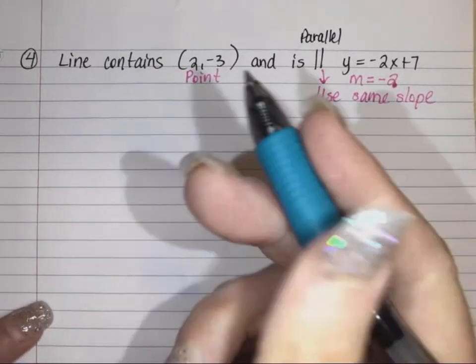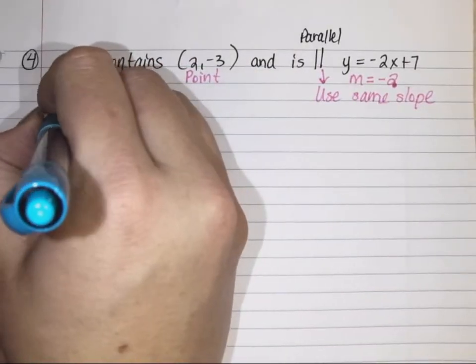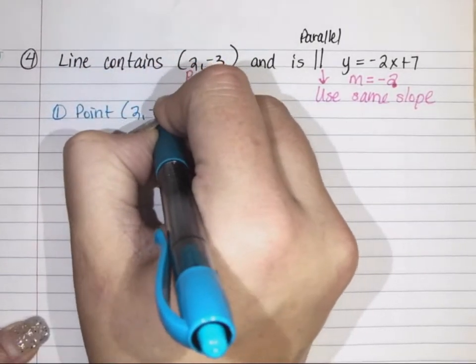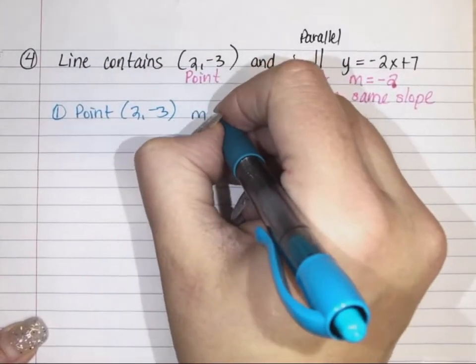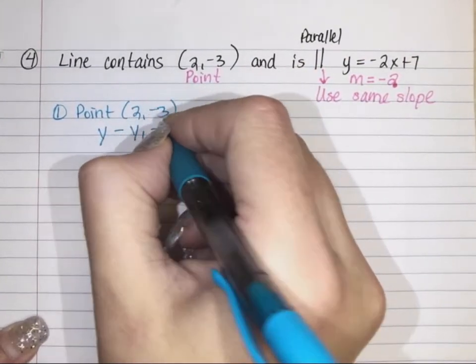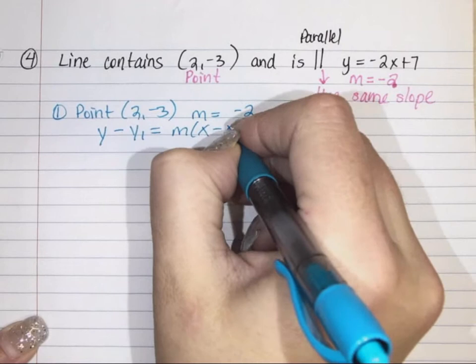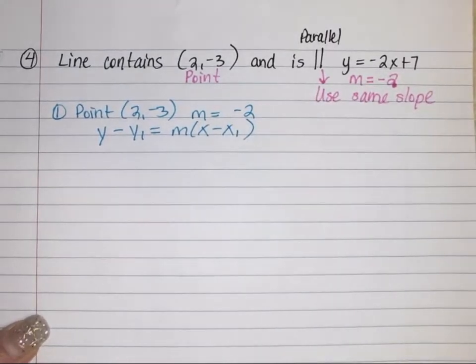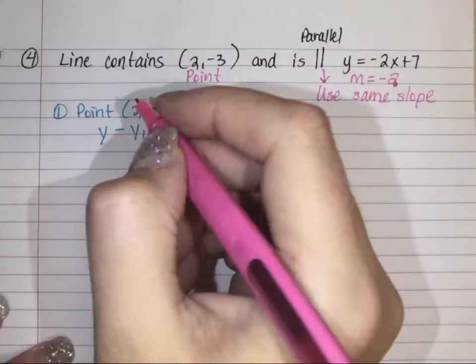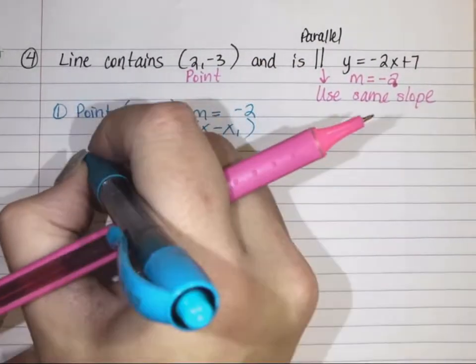Let's go through and plug in. So take your point of 2, -3, slope -2, plug into your point slope formula. Going to plug in your point.